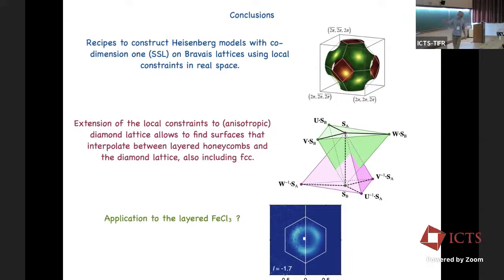And we have given a recipe for how to construct Heisenberg models with spiral spin liquid properties on Bravais lattices, and then we extended this local constraint picture to anisotropic diamond lattices that will allow us to combine the honeycomb and the diamond lattice. And possibly this can be applied to the iron.